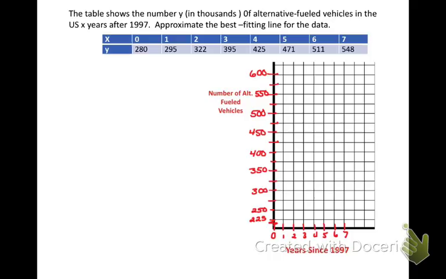And then what I'm going to do is simply plot my ordered pairs. So 0, 280. It's going to be a little higher than 275.